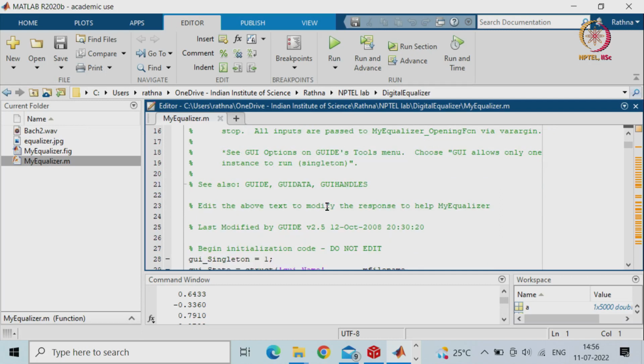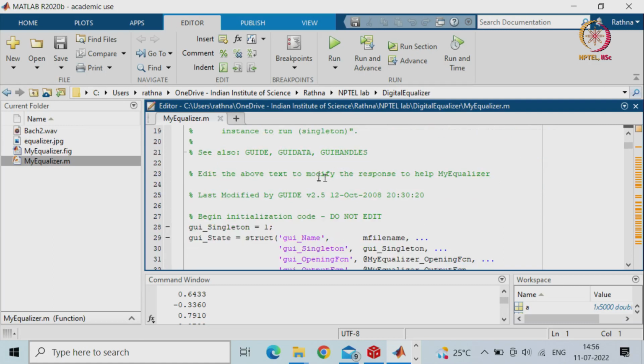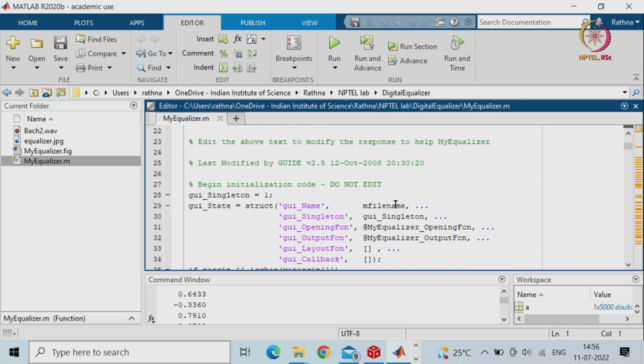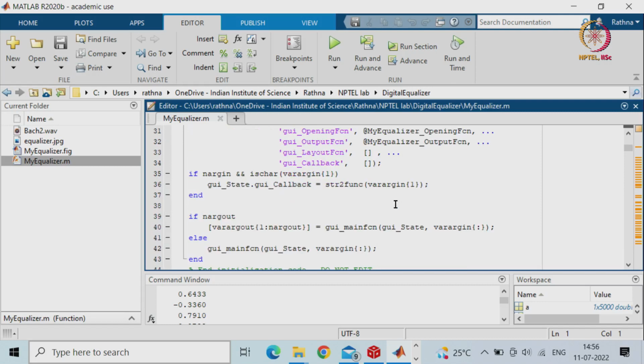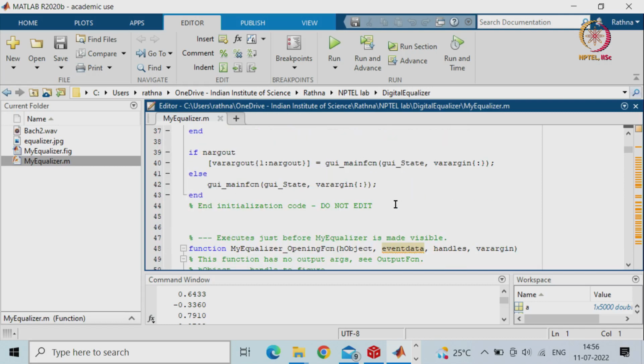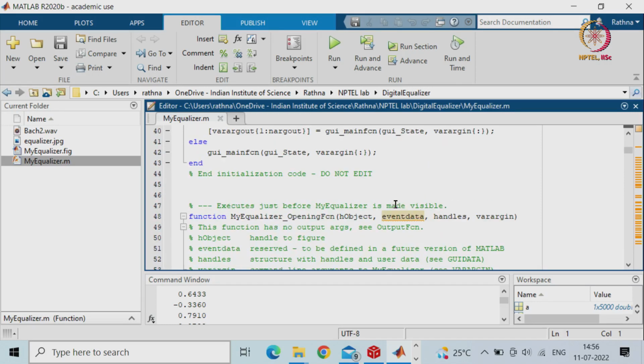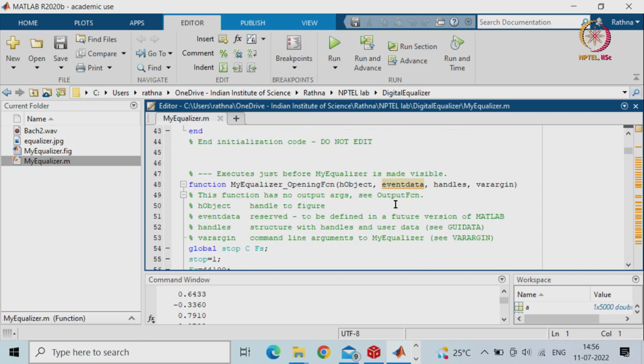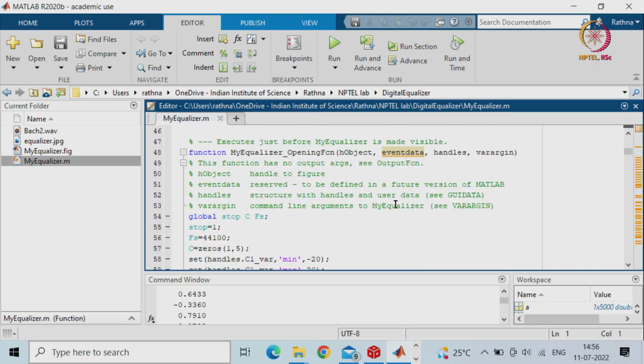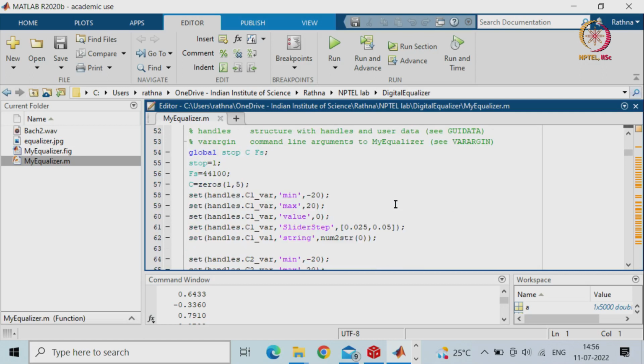It has other things you can see, like guide, which you can use. This was modified in 2008. When you download these things one has to be careful. Wherever wavread has been used, in the latest MATLAB version it has been modified to audioread.